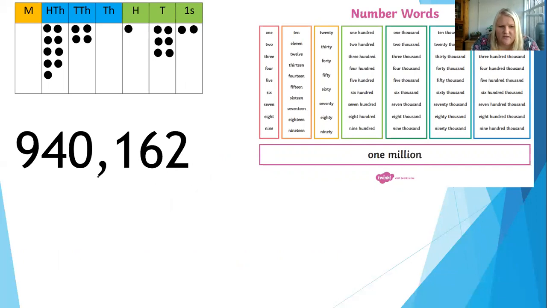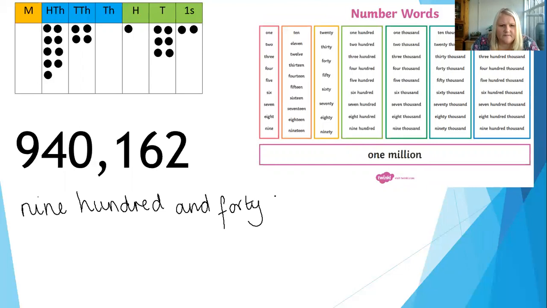Say that with me. 940,162. So let's write the beginning bit. We've got 900 and 40. How do I spell thousand? Let me just check up here. Oh, there it is. 40,000.